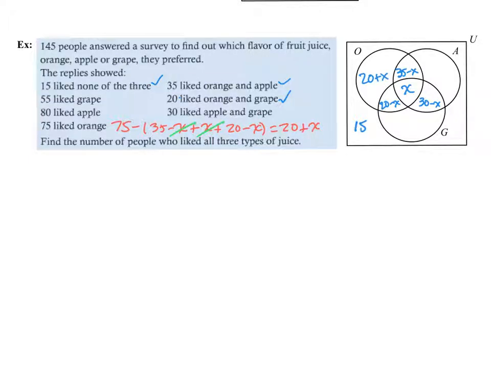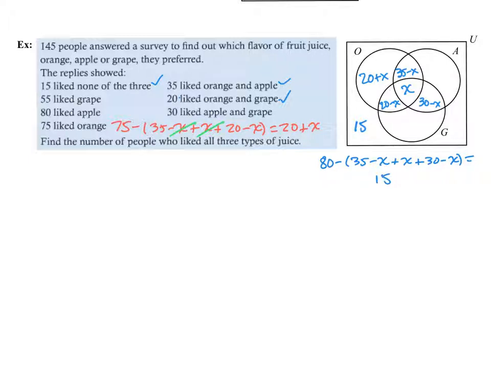All right? And then let's do the same thing with apple juice. We had 80 people total that like apple juice. So if I take 80 and I'm going to subtract the sum of 35 minus x and 30 minus x, and simplify that expression, we're going to get 80 minus 65 is 15.